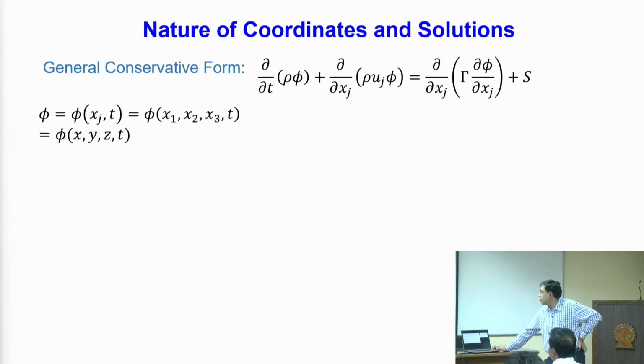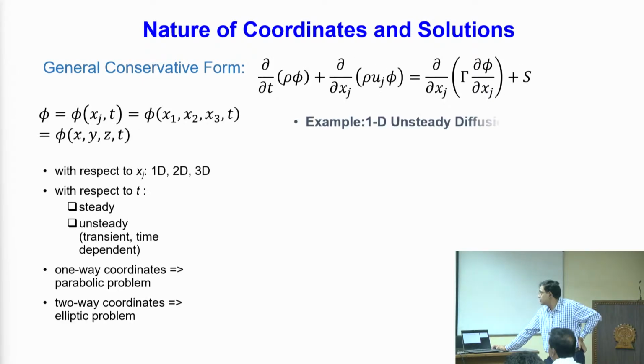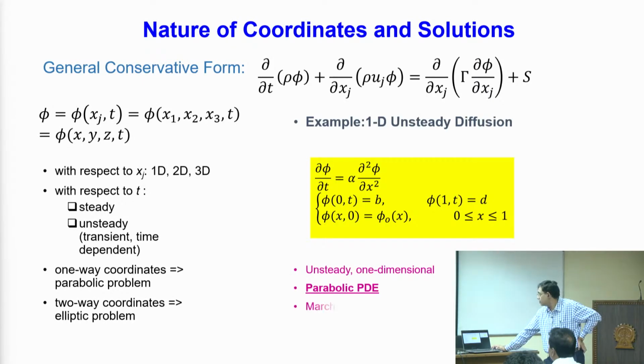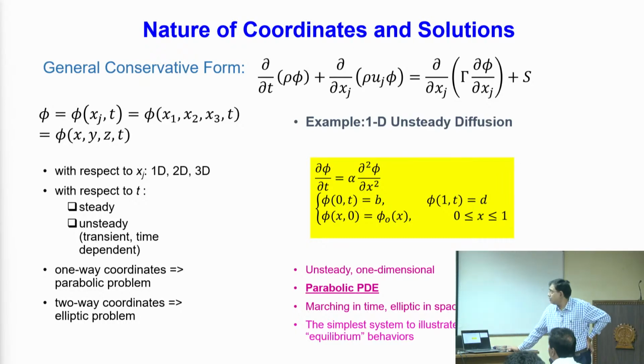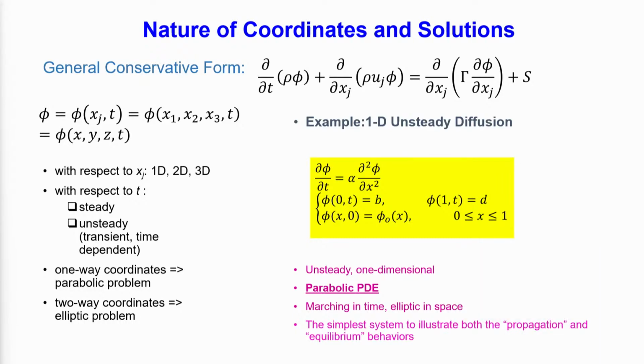So, now when we look for the nature of solutions, I will just start with the conservative form which we touched upon in the previous session. So, if you see the conservative form, you have a dependent variable which is a function of position and time, no matter whether you use index notation for the coordinates or the standard x, y, z, whatever it is.